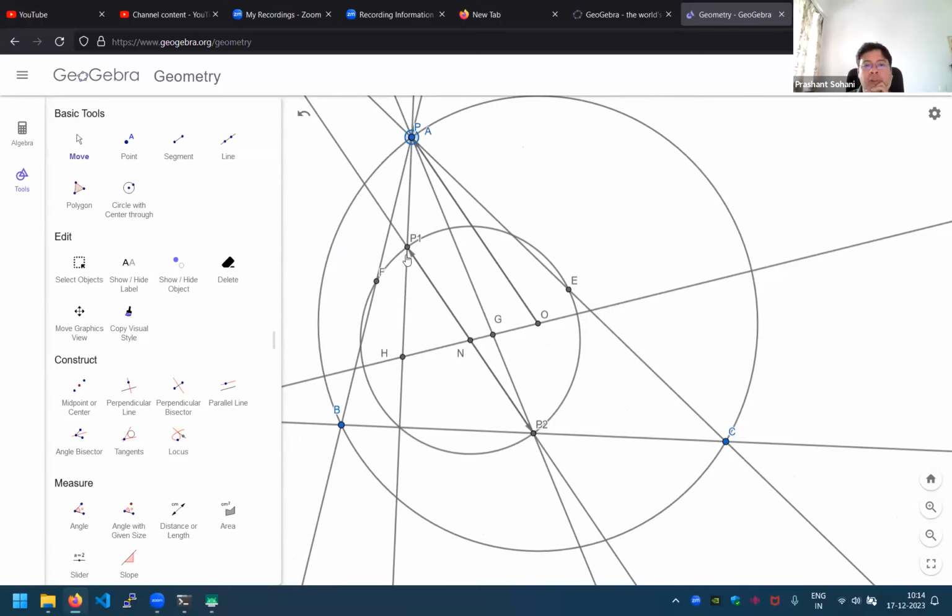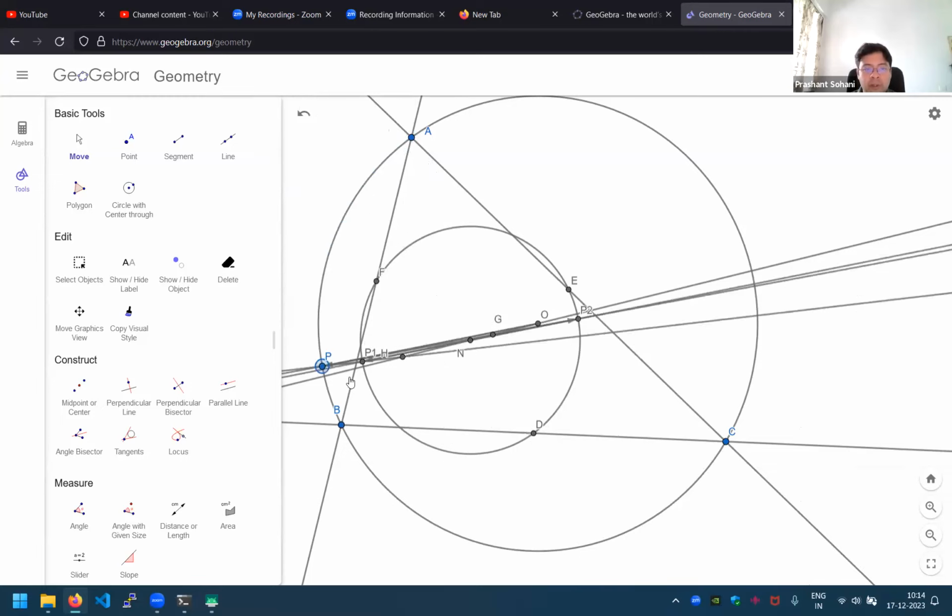So obviously, the midpoint of AH is going to be on the 9-point circle because it is just the image of that homothety. In the same way, this point P2, which at this moment is the midpoint of BC, is also going to be on that circle because again it is the image of that homothety. So in one diagram, the entire 9-point circle theorem is suddenly proved because of this homothety.